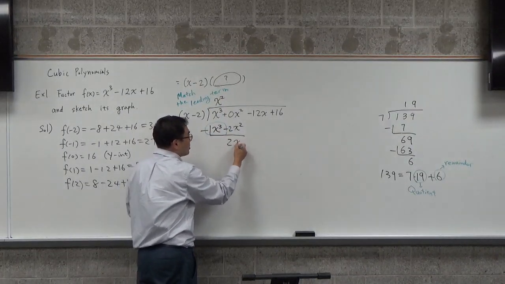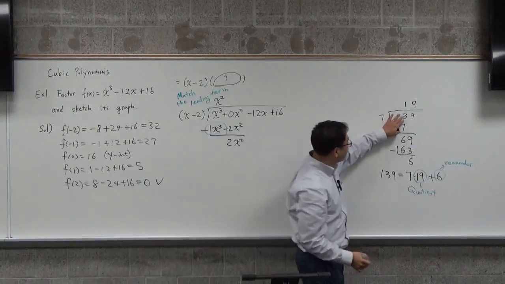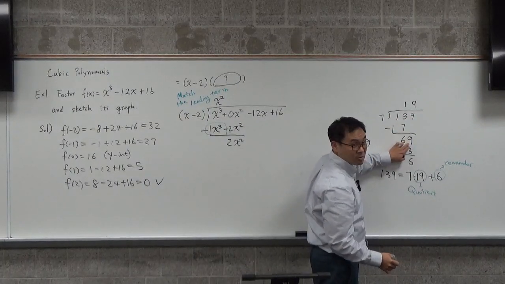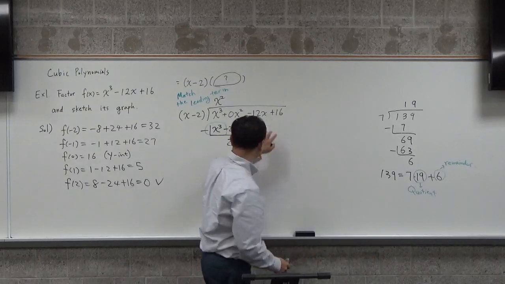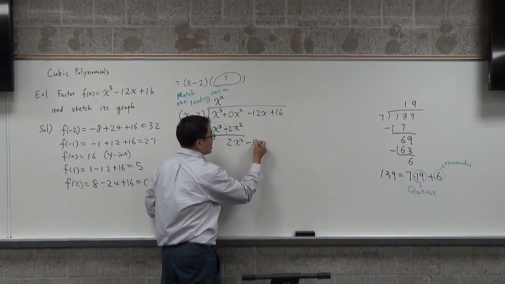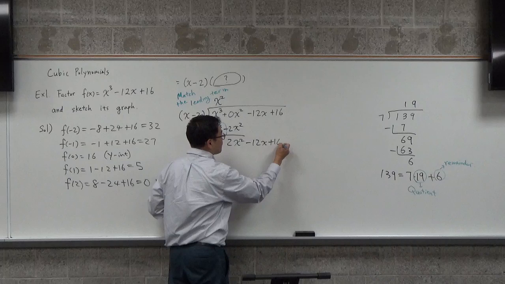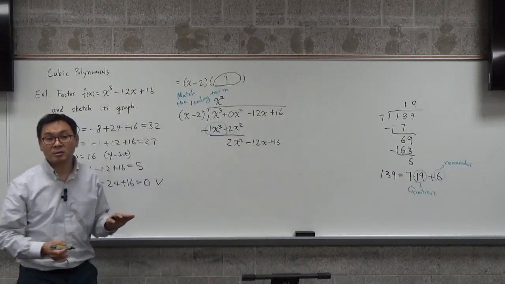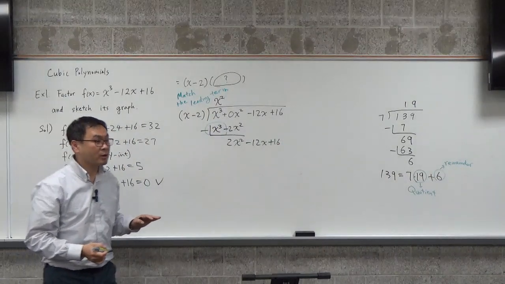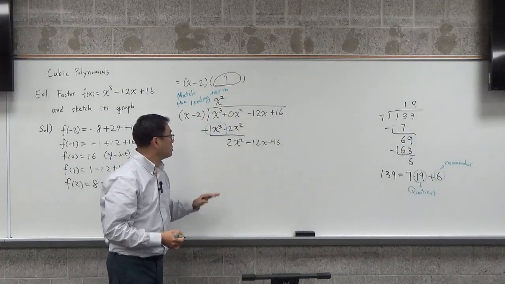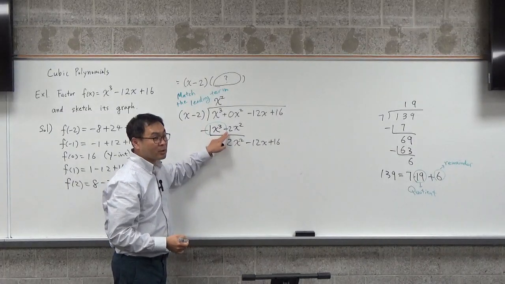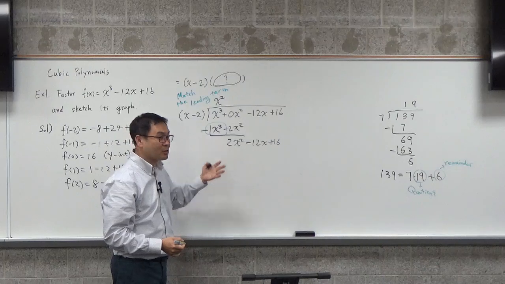Yeah, 2x squared. And then just like how after you subtract, this just comes down, right? You do the same thing. This just comes down. It's negative 12x plus 16. Why is it 2? Negative minus negative. Yeah, negative is plus, right? If you subtract a minus, that's same as plus.